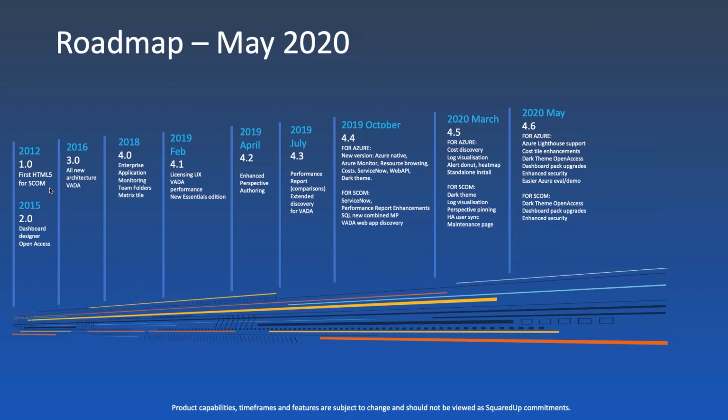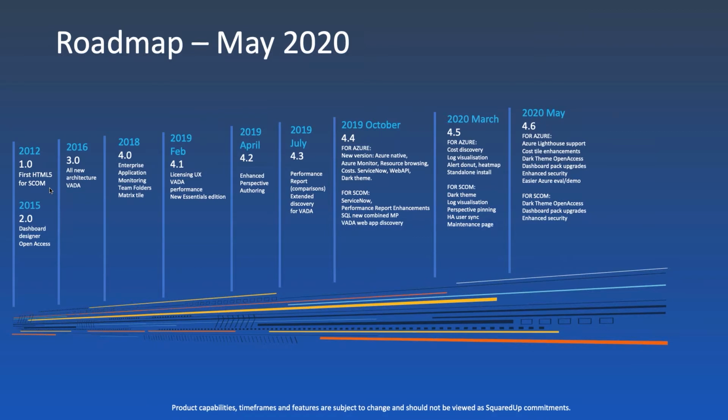But there's still some pretty cool stuff in there, so I'll hand over to John, and he can tell you some of the cool things that are in there. He'll talk a bit about Azure stuff first, and then SCOM stuff. So for those of you who are SCOM customers, hang with us. There's some cool stuff coming for you too. So John, over to you.